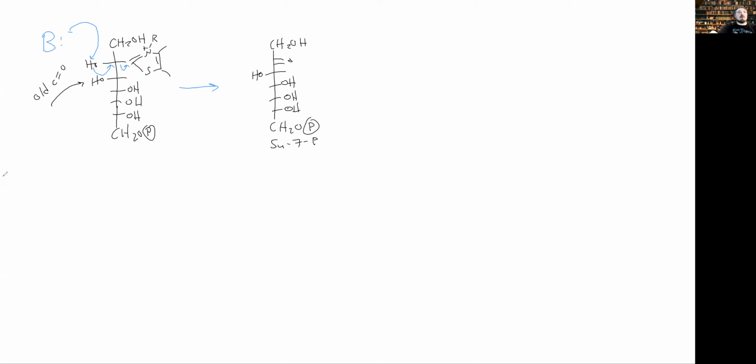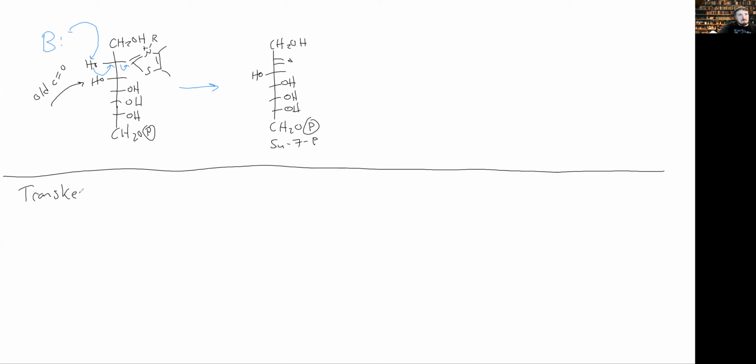Okay. So I want you guys to try something. Transketolase 2 happens twice in the recycling pathway. It goes ketolase, aldolase, ketolase.